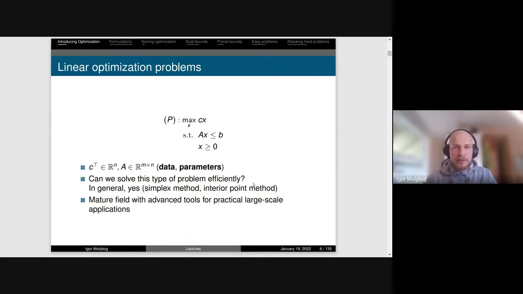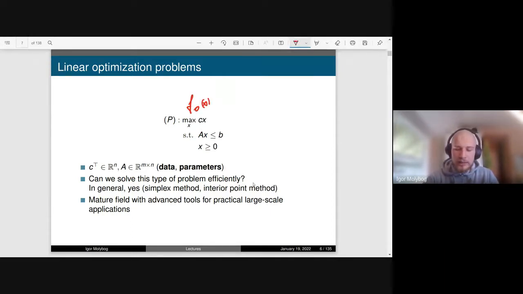So let me turn to one of the most important examples of optimization problems, which is linear optimization. In linear optimization, our function f0 of x is given through a linear function cx, where c is a row vector, c1 through cn, and x is the column vector x1 through xn.